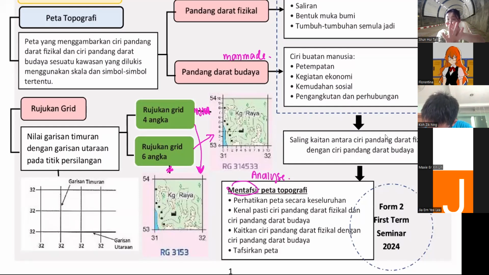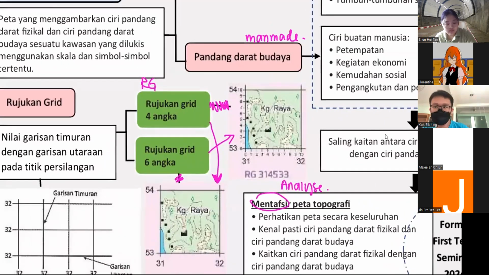It's a bit like the coordinate in mathematics. So you've got to write RG in front, and then you have 4 numbers following. The first 2 numbers always come from the bottom, and the last 2 digits always come from the side. Then they come together and form a coordinate.